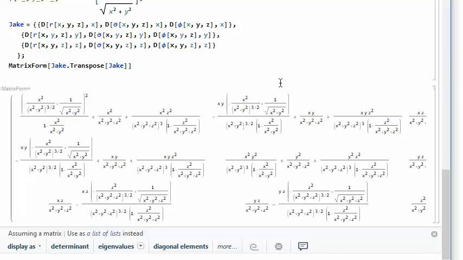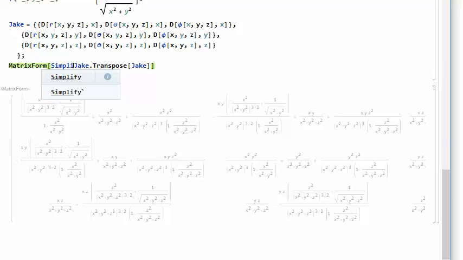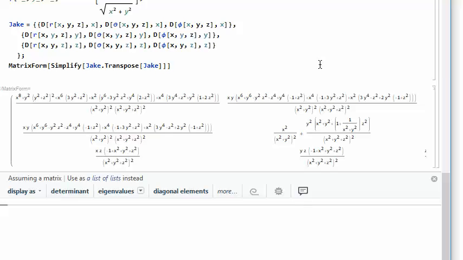I put my semicolon in the wrong spot. Okay, so Jake dot transpose Jake, and what I'm going to do is simplify that, see if it comes out nice and neat like the other one did. Simplify Jake dot transpose Jake, and it comes out like that.